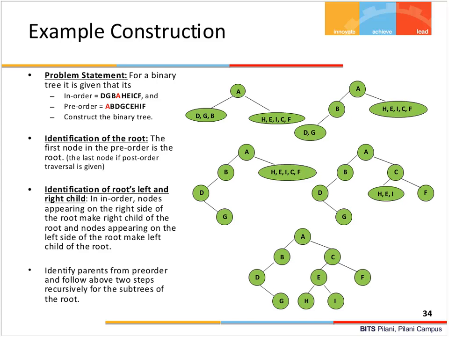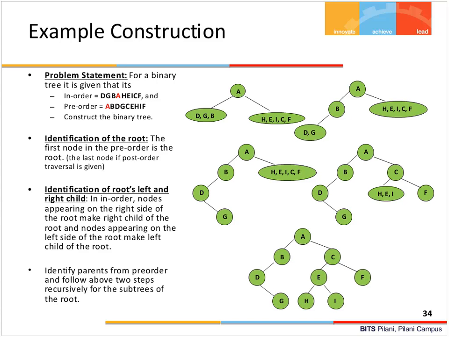Right? So the fifth tree which is shown on your screen on the bottom is the final tree expanding using this method. Right? And if you try it out, you cannot construct any other tree.